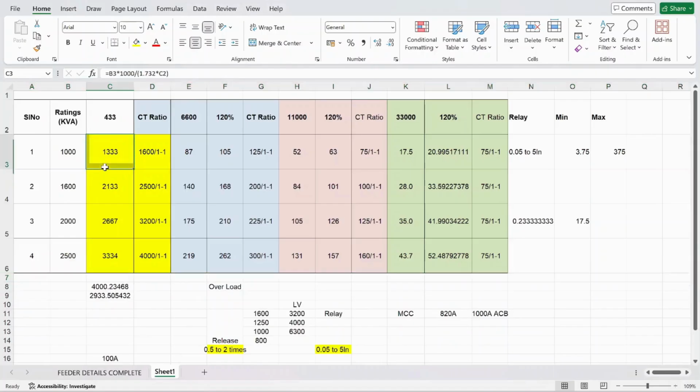Here it is 1333 for 1000 kVA, and for 3000 kVA it is basically almost 4000 amps.